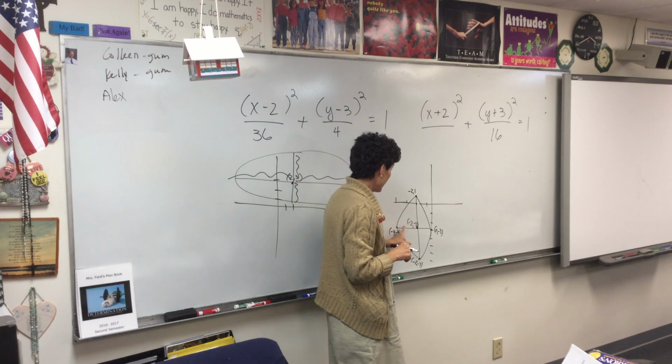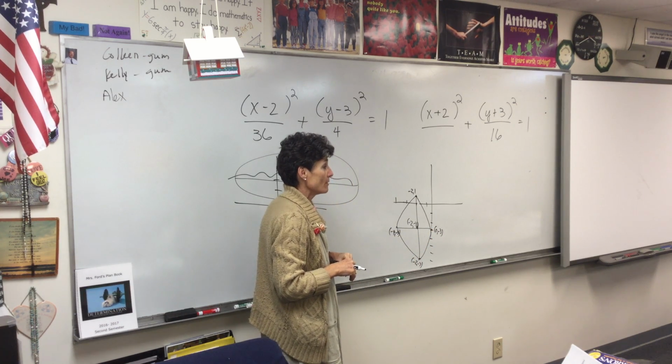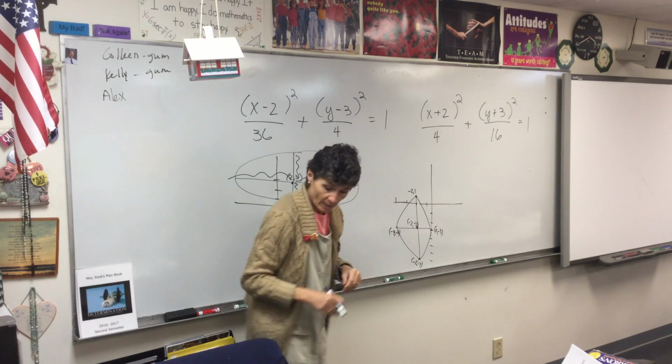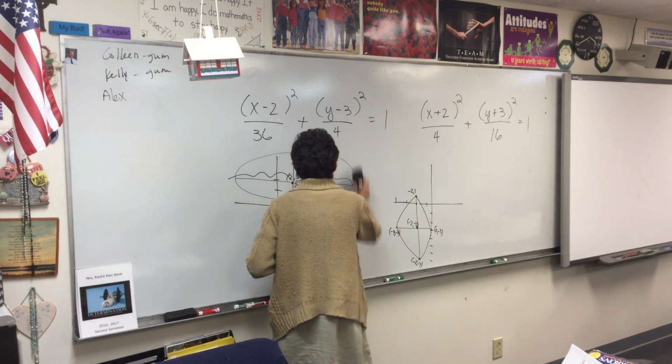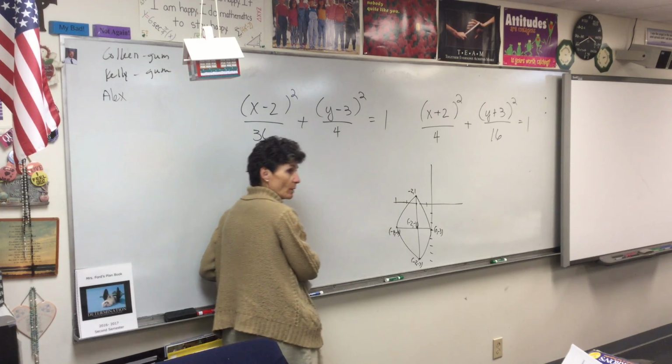Now, I'm going to go sideways. How many? 2. And if I go sideways 2, then underneath the x is a 4. And there we are. Anybody have a question about the ellipse equation?